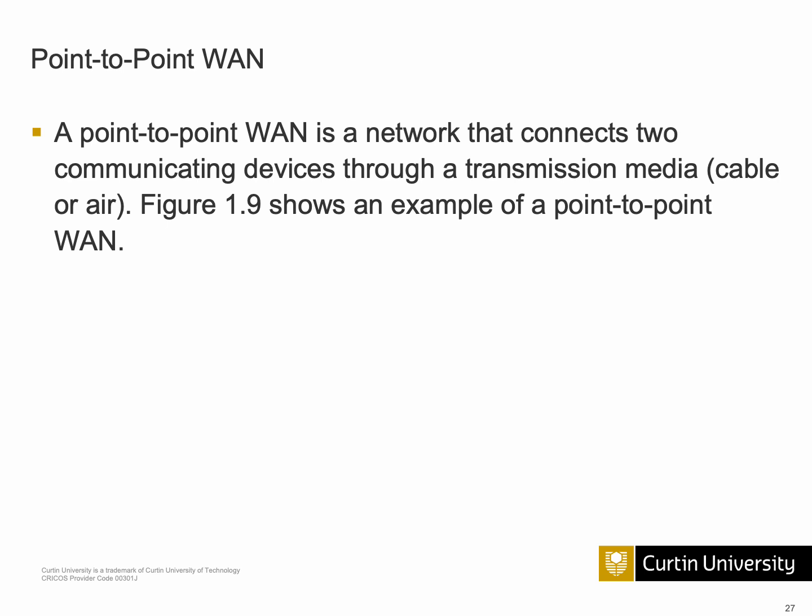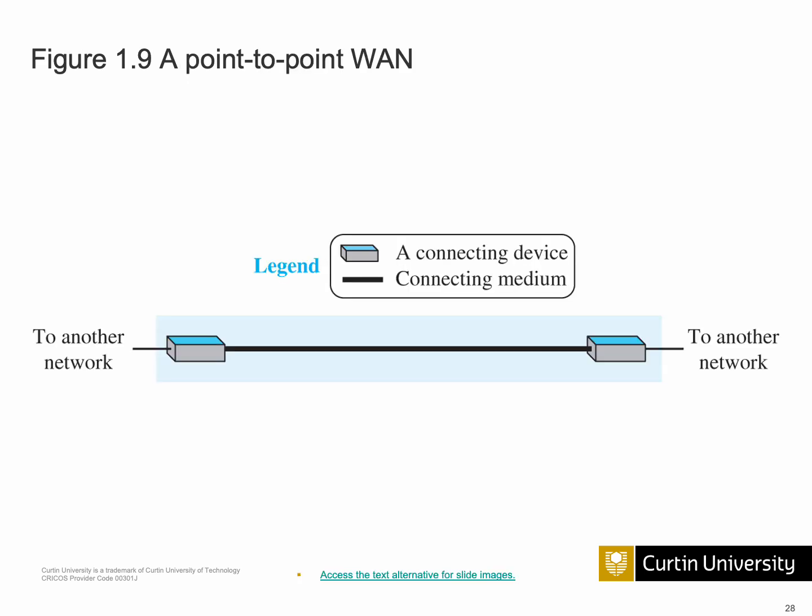We have 2 different types of WANs today: point-to-point WANs and switched WANs. You can see a point-to-point WAN here. It is a network that connects two communicating devices through a transmission medium.